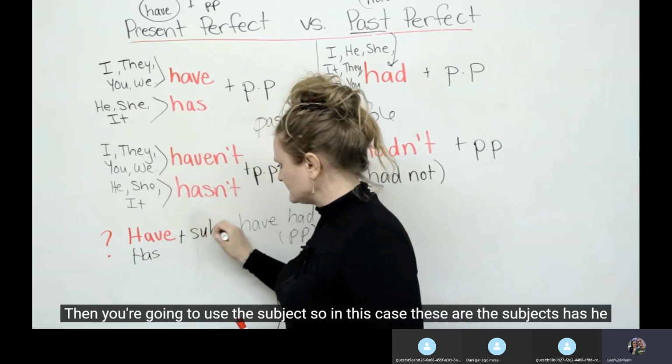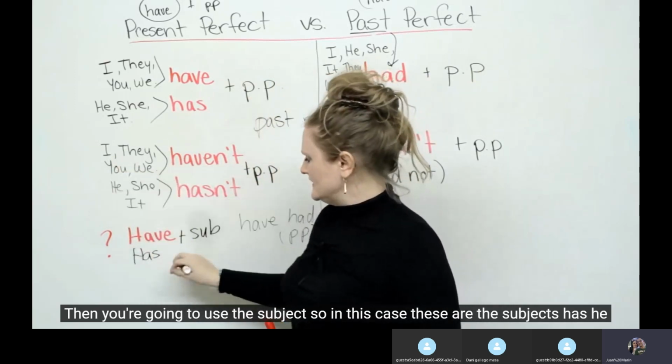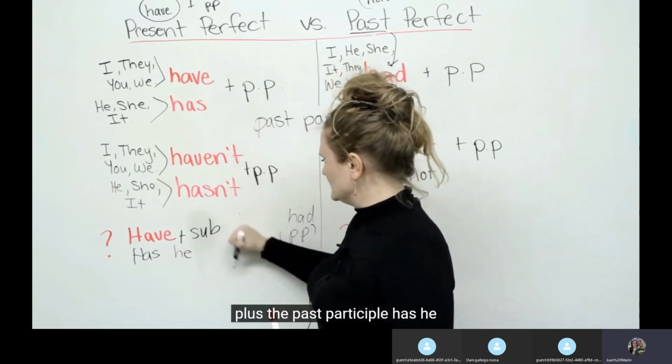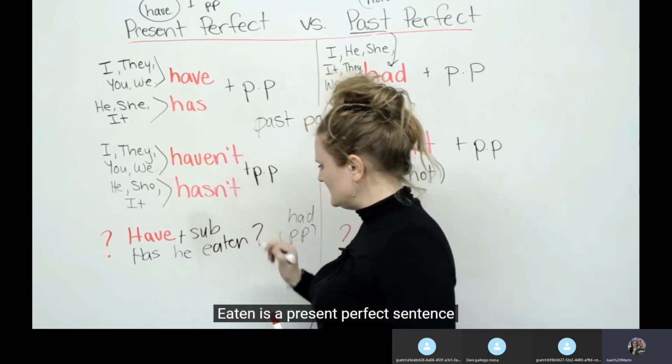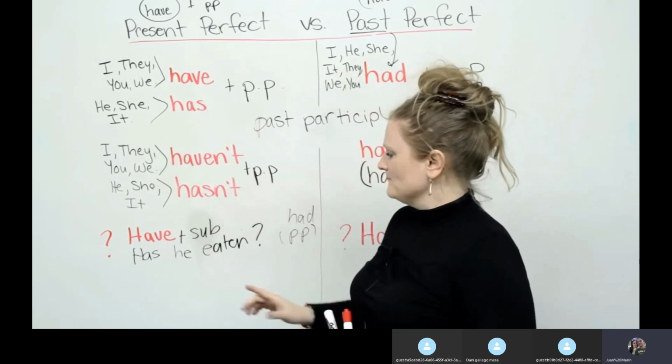Then you're going to use the subject. So in this case, these are the subjects. Has he plus the past participle. Has he eaten is a present perfect sentence.